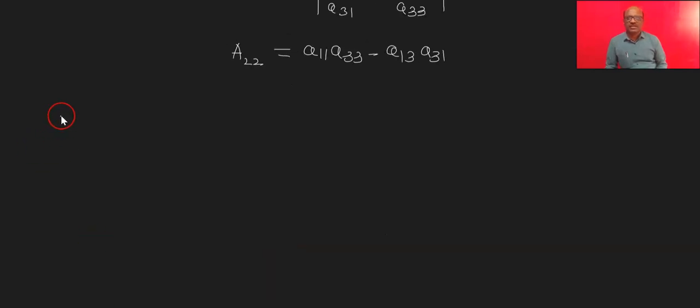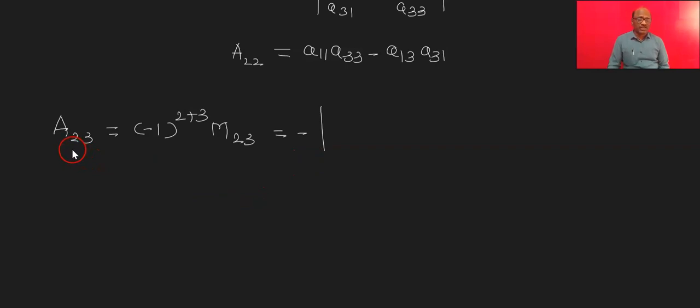Now next is A23, that is equal to minus 1 raised to 2 plus 3, M23, and overall you will get minus. Therefore here is a11, a12.